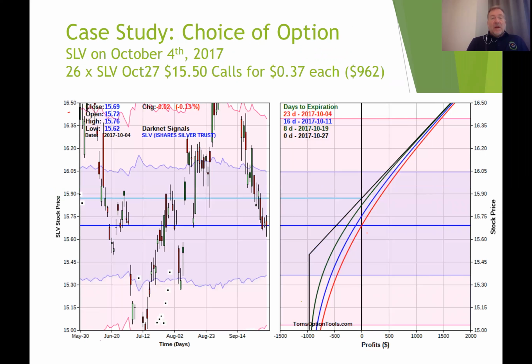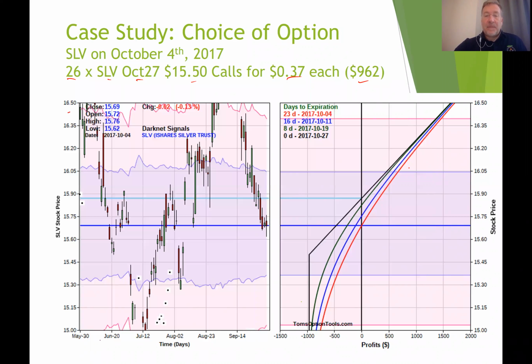So I'm going to have a $5,000 account, and I'm going to buy 26 SLV October 27, 1550 calls for 37 cents. I got a total amount of 962, and this is the risk graph. When I talk about Greeks, all of those Greeks go into these lines.